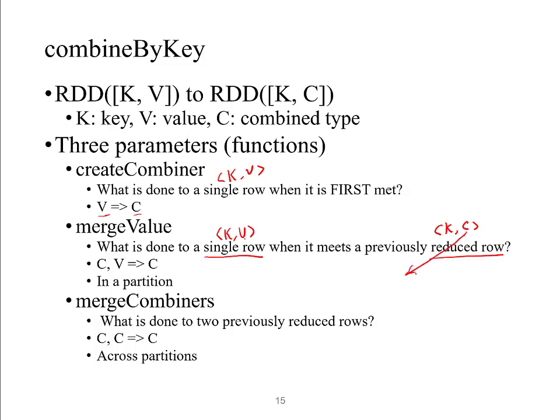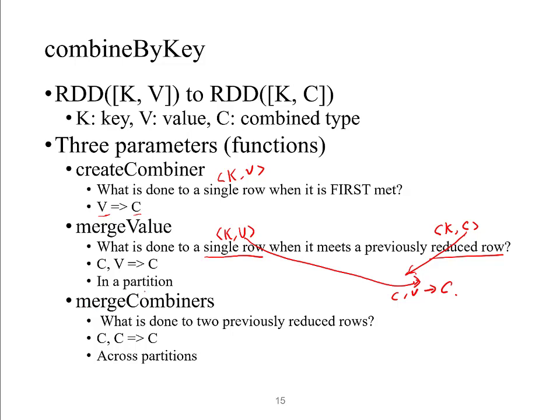So you take this C and this V, and you return C as the result. And merge value happens within a partition.